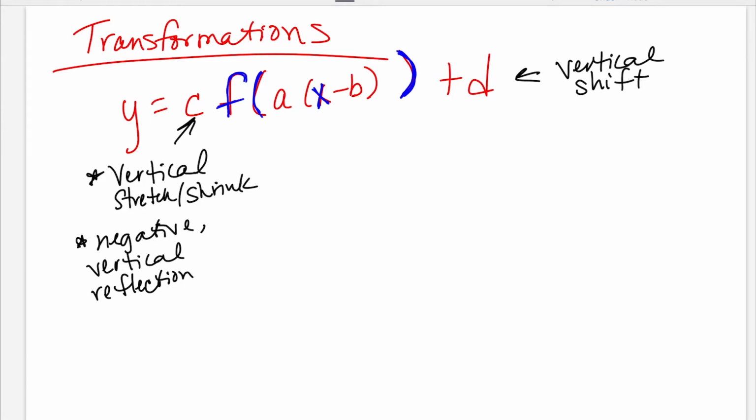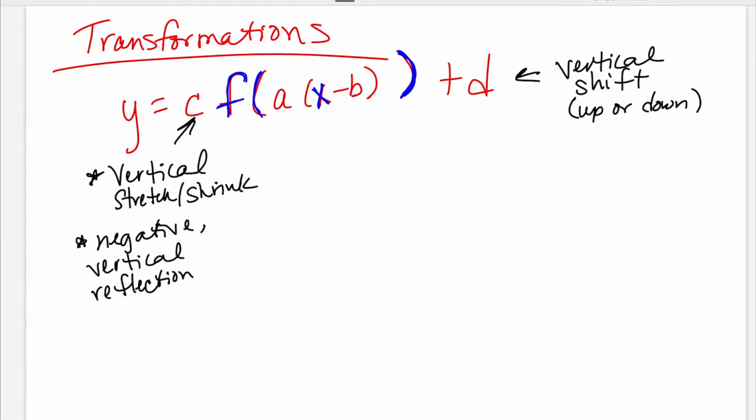It's a shift because it's added and subtracted to it. Stretching and shrinking is multiplied. Added or subtracted, that's a shift. And because it's vertical, it's going to go up or down. Okay, that's my vertical transformations.